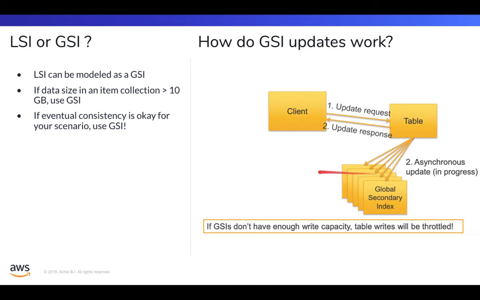Eventually it will be written, but before it is written into the global secondary index, if the client requests the data on the global secondary index, it would return stale information or a stale item.